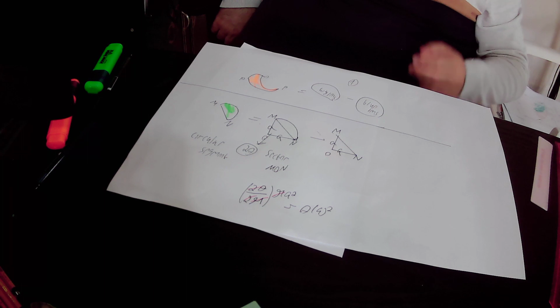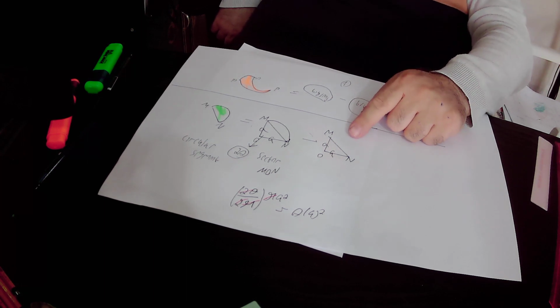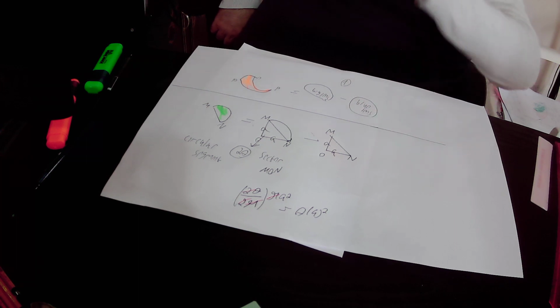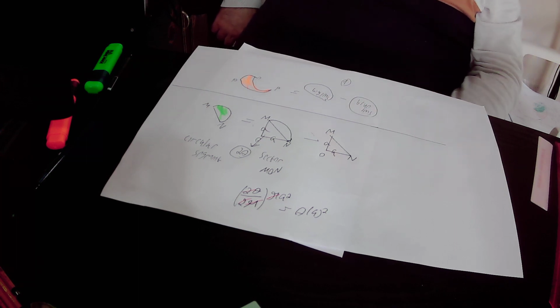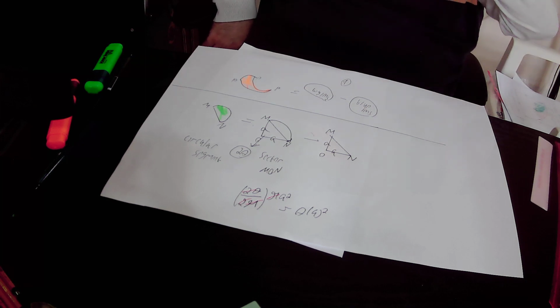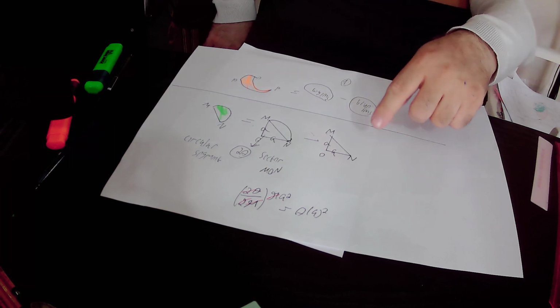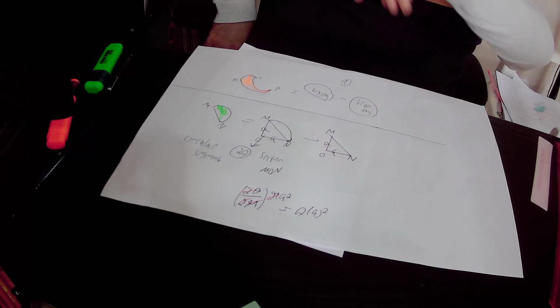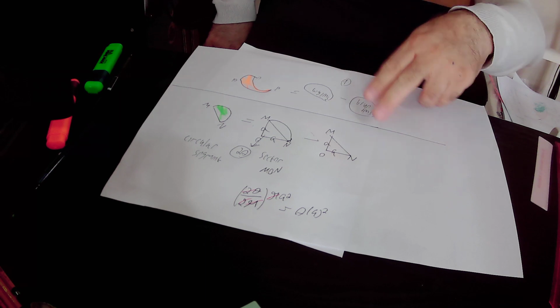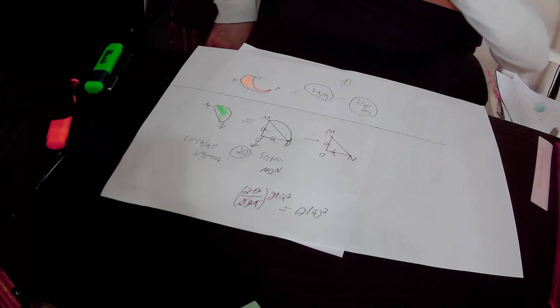Actually, we don't have to calculate the area of this triangle, because we will find the sum of the areas of the two triangles, and for that reason we don't have to find the area of this triangle at all.